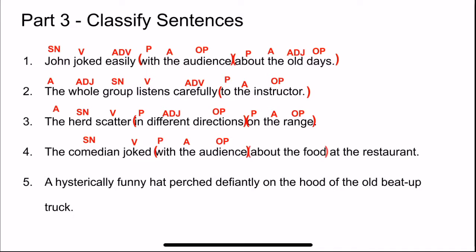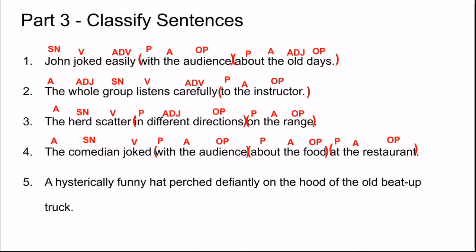About the food is a prepositional phrase. About, preposition. About what? Food, object of the preposition. The article, adjective. At the restaurant is a prepositional phrase. At, preposition. At what? Restaurant, object of the preposition. The article, adjective.